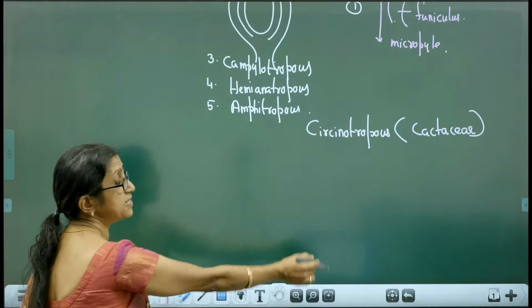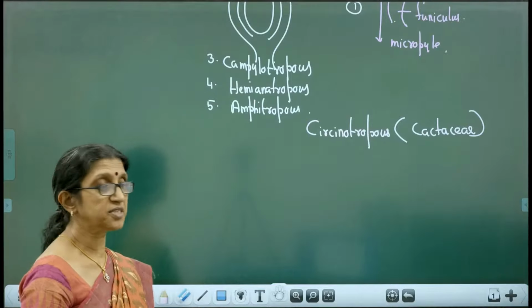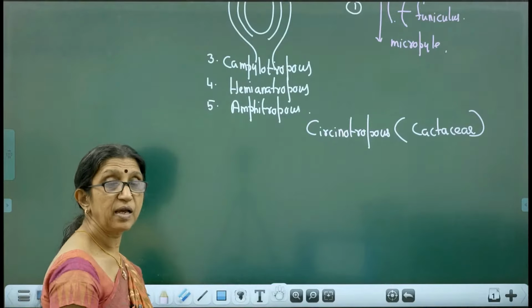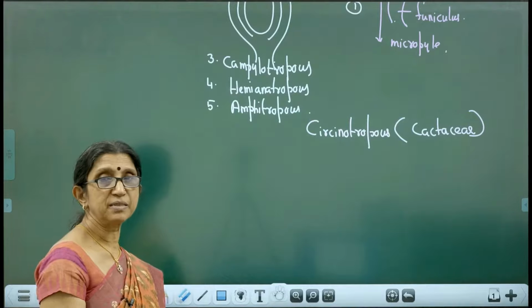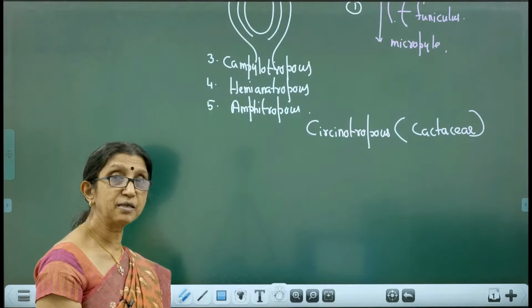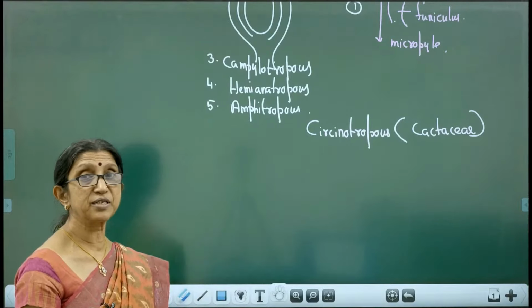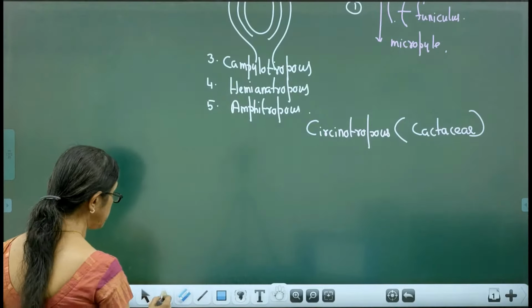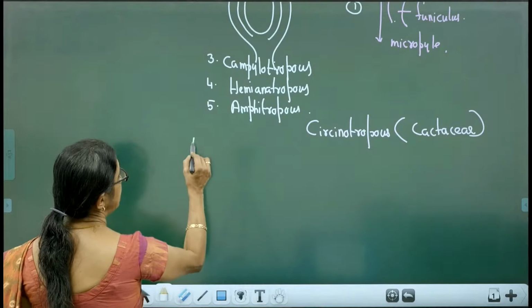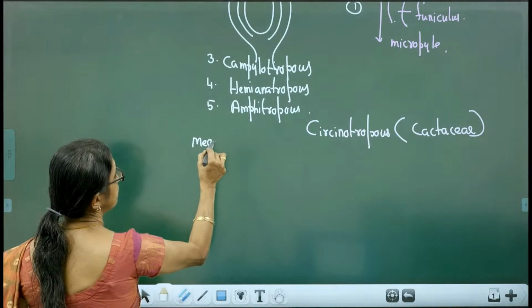The next one is megasporogenesis, that is the formation of the megaspore mother cell, followed by megagametogenesis, that is the formation of the female gametophyte or embryo sac. So first we can see megasporogenesis.